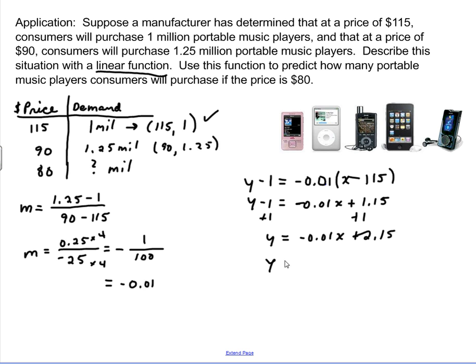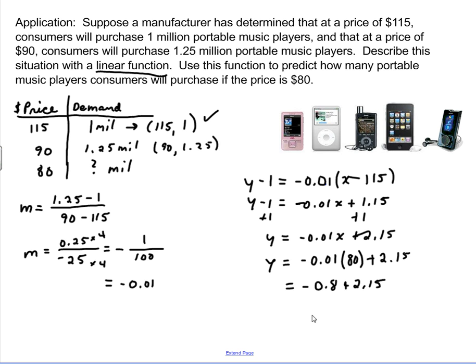We're going to take y equal to negative 0.01 times, in this case, 80, and we're going to add to that 2.15. Right? Negative 0.01 times 80 is the same thing as saying negative 0.8 plus 2.15.